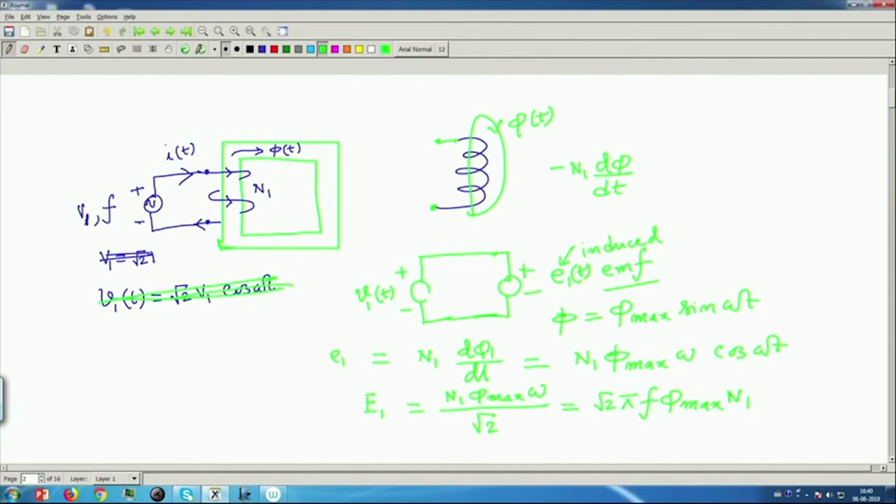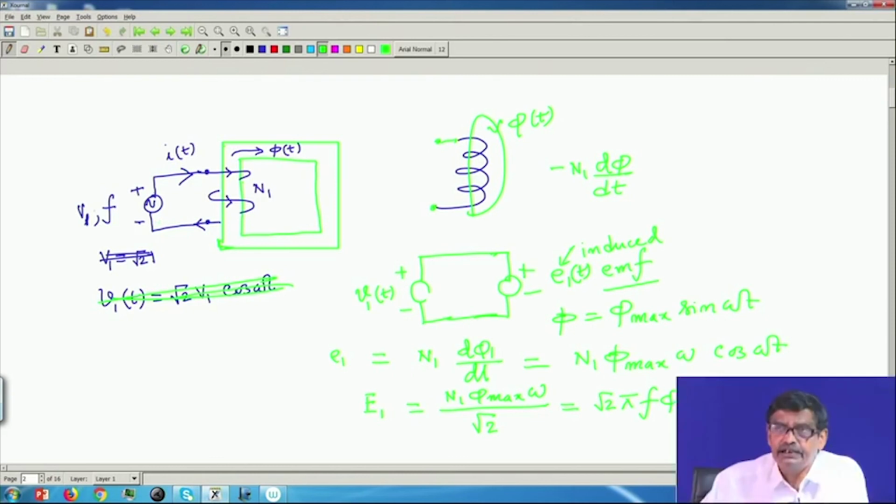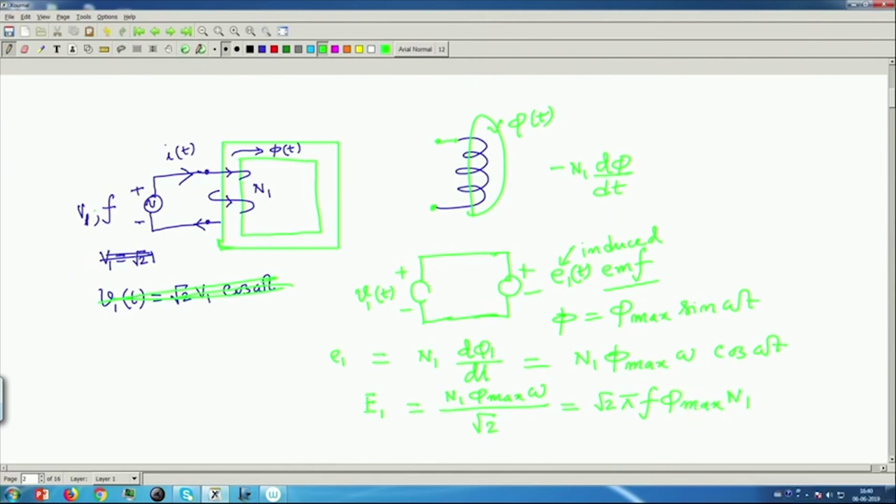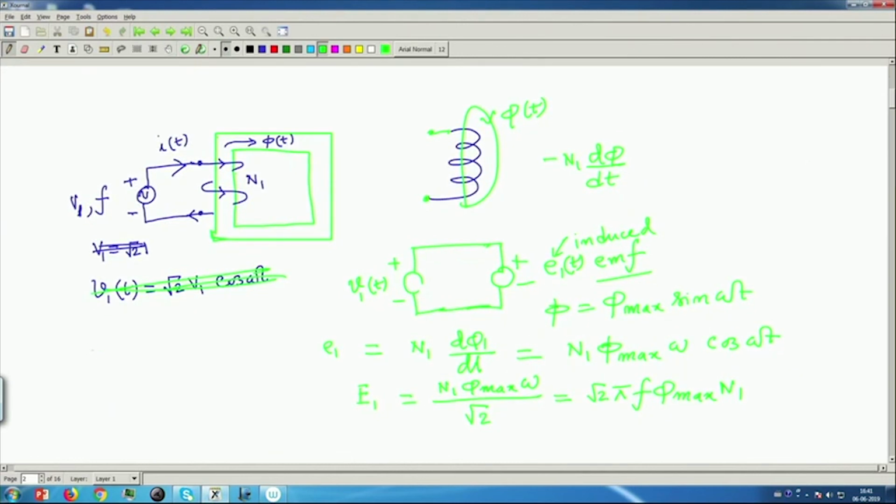What I am telling is, in this circuit the KVL equation must be satisfied. R is vanishingly small. So, applied RMS voltage must be equal to the induced RMS voltage. It cannot be other than that. Therefore, if the applied RMS voltage is V 1, it must be equal to root 2 pi f phi max into N 1. It has to be, nothing other than that.